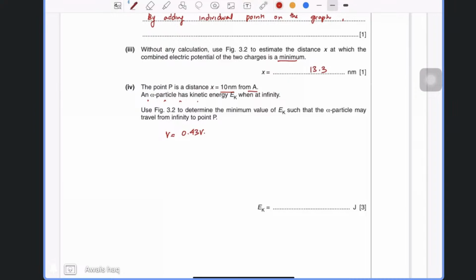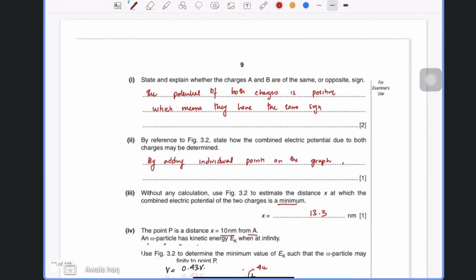All right. An alpha particle is 4 and 2, which means its mass is 4u and its charge is 2e. We need to find the minimum value of kinetic energy, so we need to provide this kinetic energy so it can do that work. Work done is potential times charge, that's the definition of electric potential.